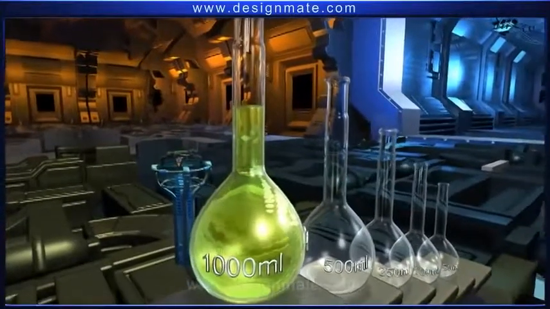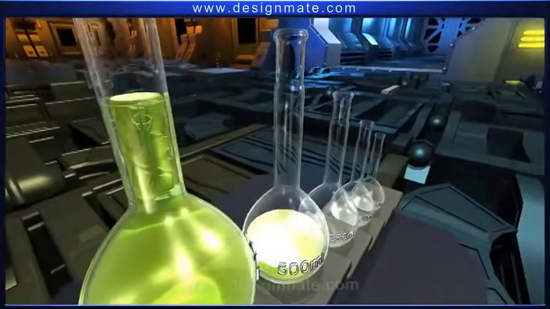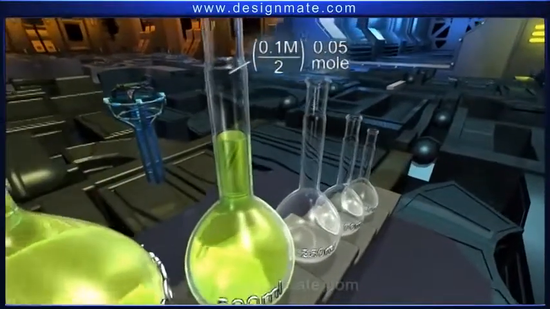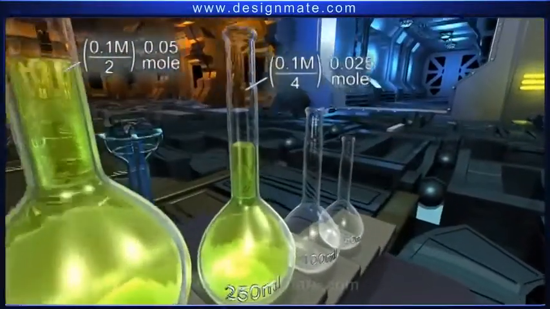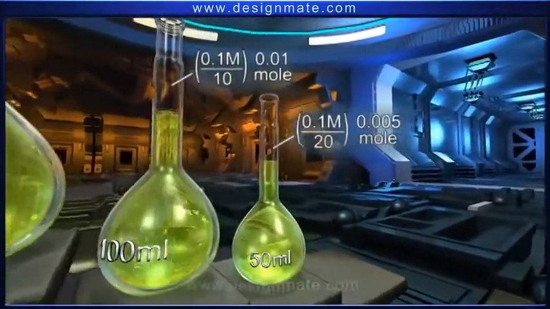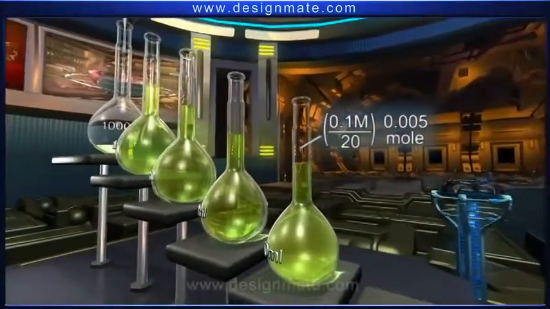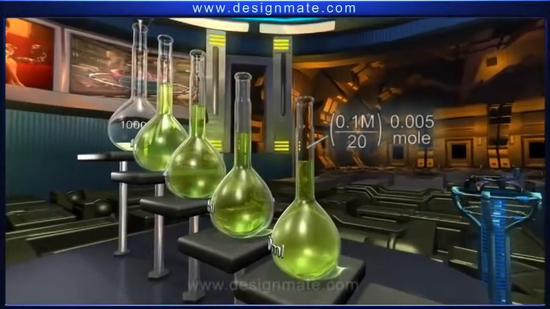Now, let's transfer this solution to 4 other standard flasks with different capacities. This means we are transferring 0.05 moles, 0.025, 0.01, and 0.005 moles of NiCl2 to the respective flasks.